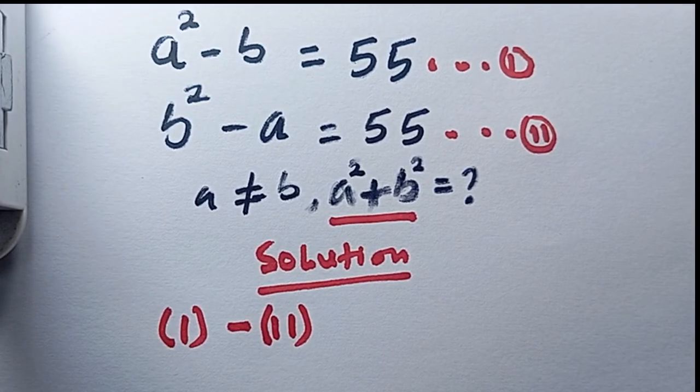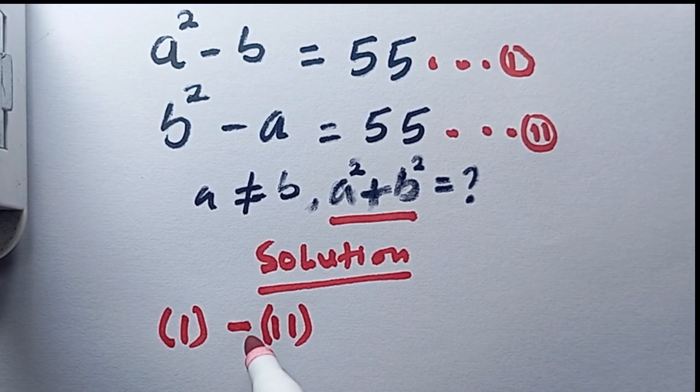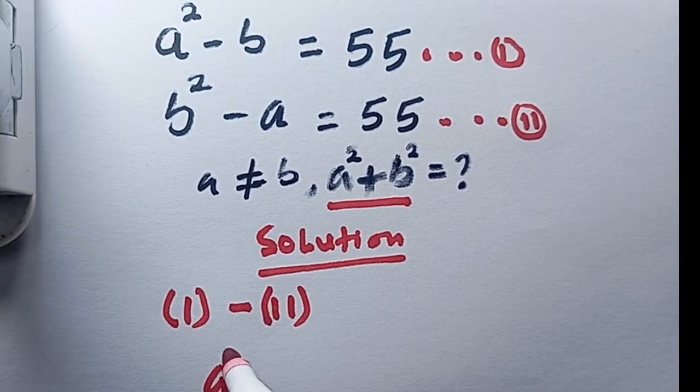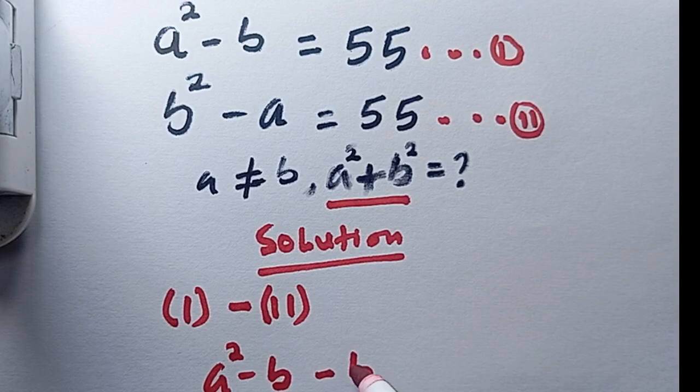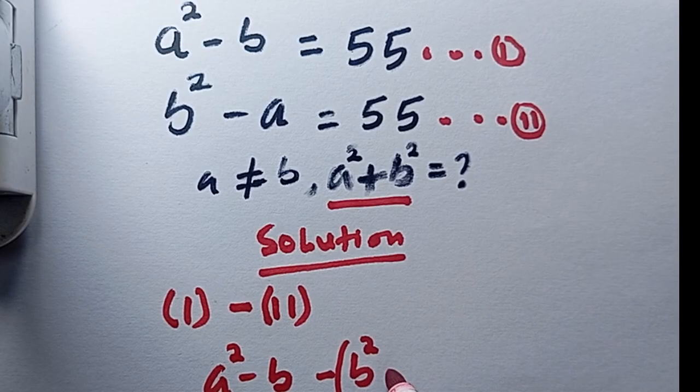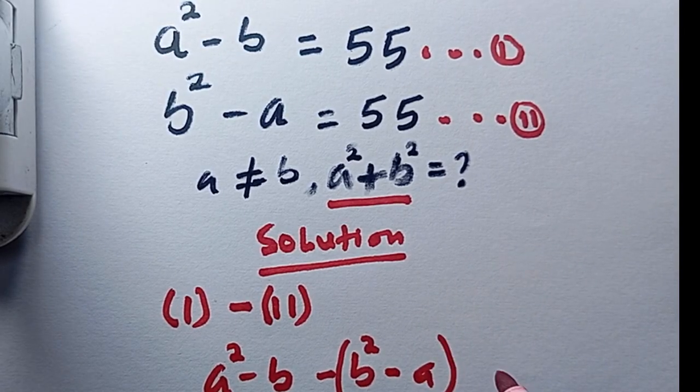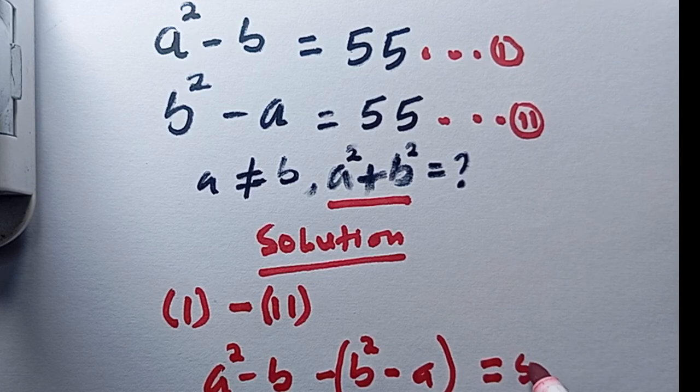Okay, so that's what we are going to be having: a squared minus b squared, and then minus, let me put this in brackets, minus this a right here, and then it's equal to, if I subtract the right hand side, I'm going to be having 55 minus 55.